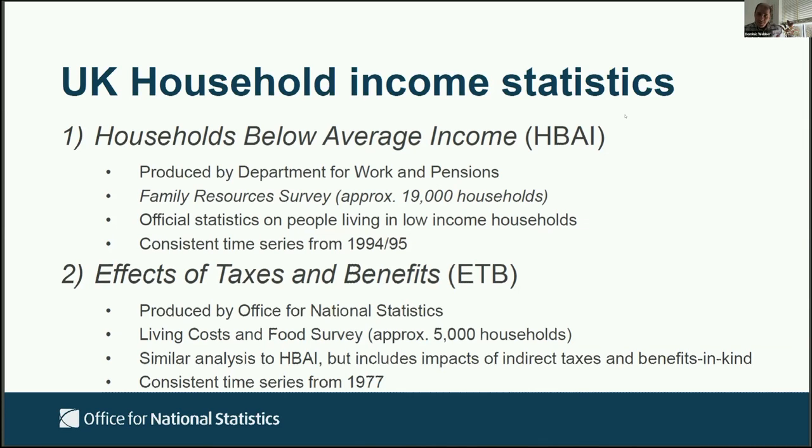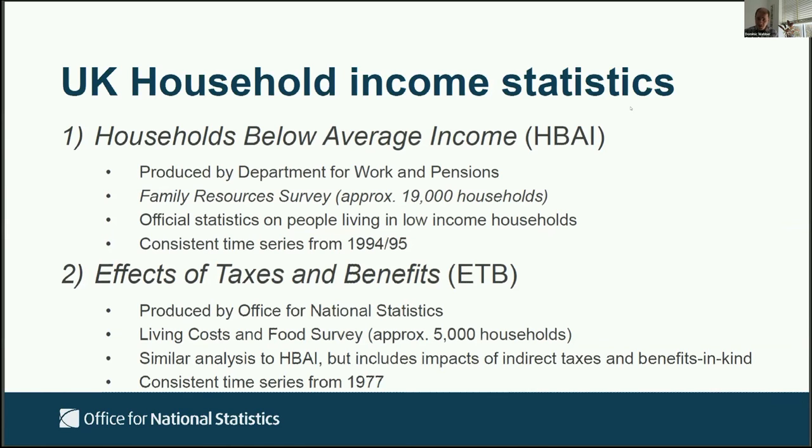And then we have the effects of tax and benefits, a data set that my team produces at the ONS. This is currently based off the Living Costs and Food Survey, which is a sample of approximately 5,000 households. For the next release covering financial year 1920, we're hoping to move to a larger sample, which will hopefully include around 17,000 households.